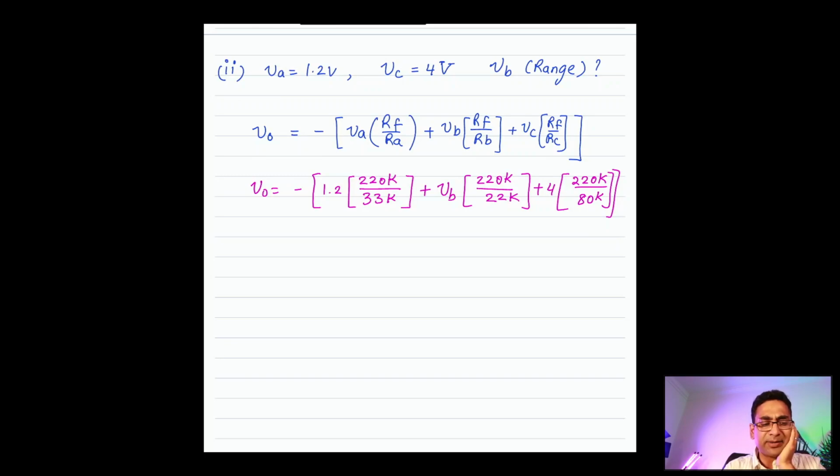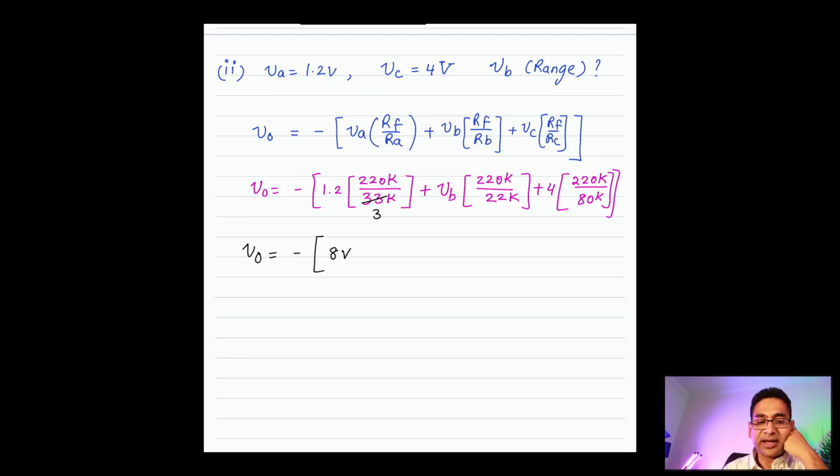Now let's manipulate these numbers a little bit more. VO is negative, and all of this term evaluates to 8 volts. How do I know it is 8? Both the numerator and the denominator are multiples of 11, so 11 times 3 and 11 times 20. Three goes into 1.2 0.4 times, and 0.4 times 20 is 8.